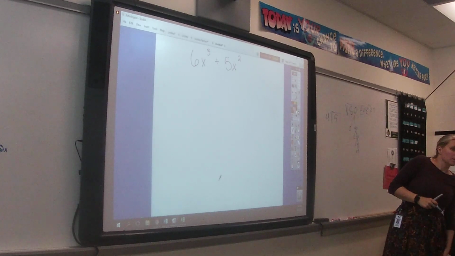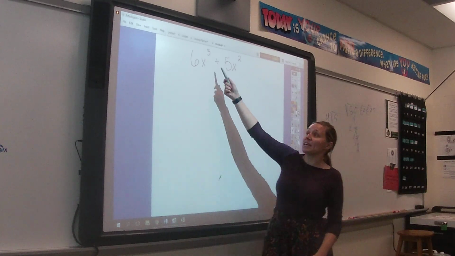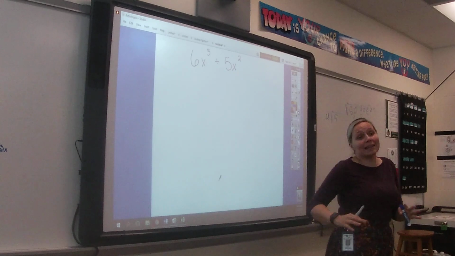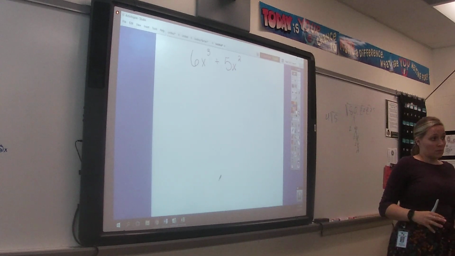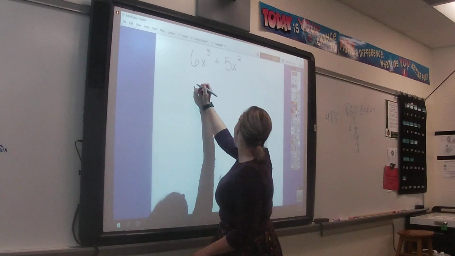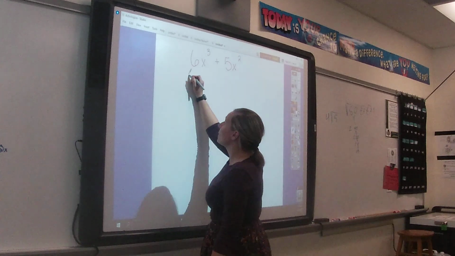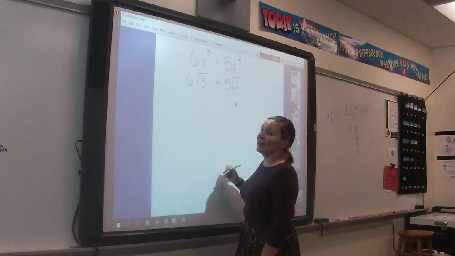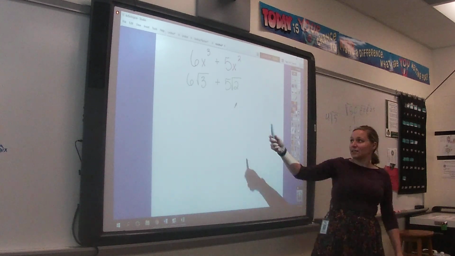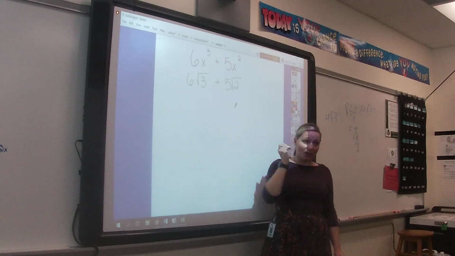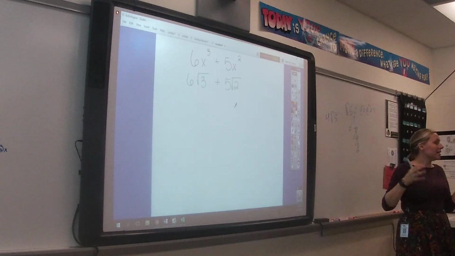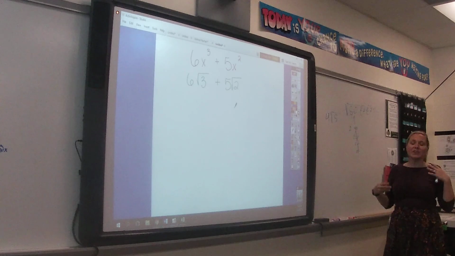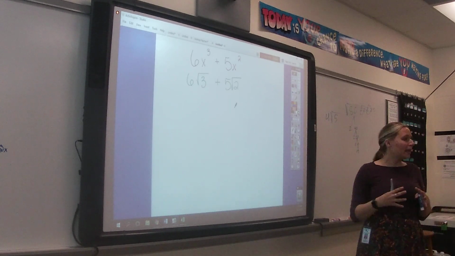No, because this has an exponent of 3 and this has an exponent of 2. So they're not like terms. If we don't have a matching square root, I can't add those together either because this doesn't match this. The number inside the square root, the official name is called a radicand, but that number inside of it doesn't match, so I can't add them together.